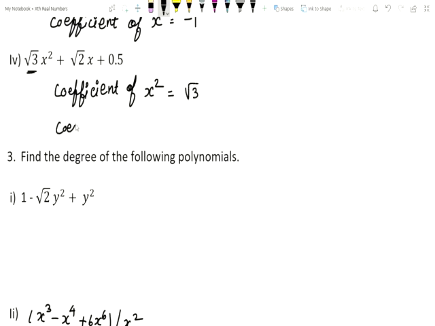Next, coefficient of x equal to root 2. You understand, children? How do you find the coefficient? Coefficient is a number multiplied with the variable. Okay, so the next one.